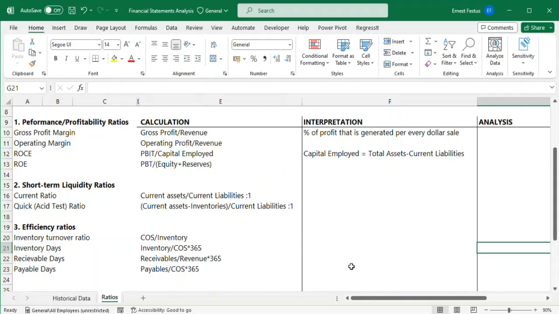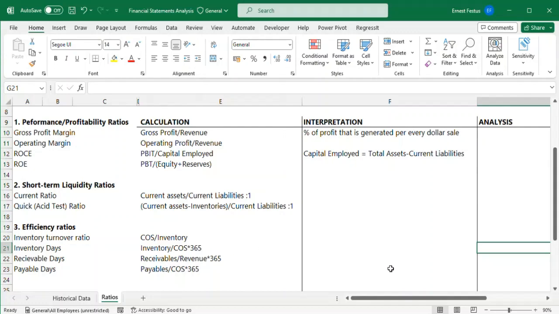Maybe you are undertaking marketing or other activities that have made your operations very efficient, and hence your inventories are moving very fast. However, there is a risk of stockouts, and when there are stockouts, that might halt your operations. So this is how you analyze these items in terms of ratios.